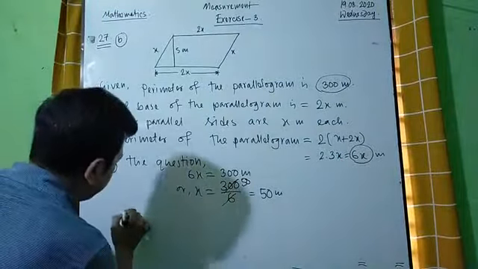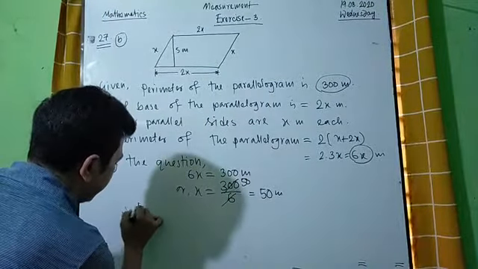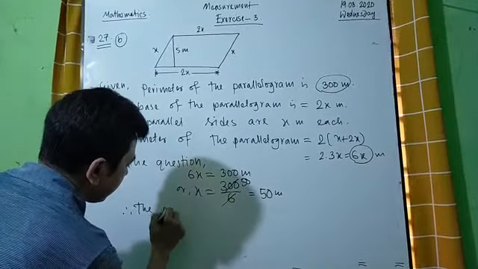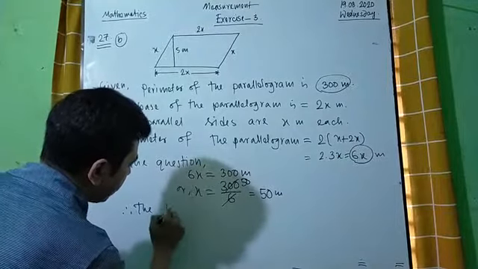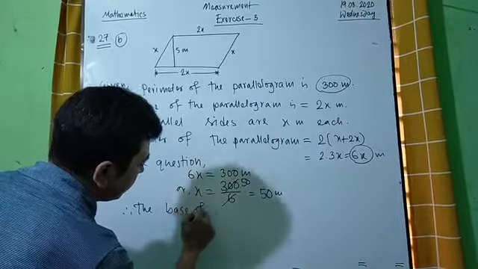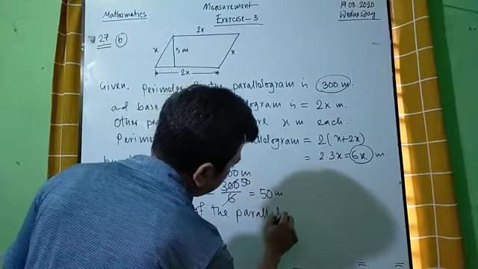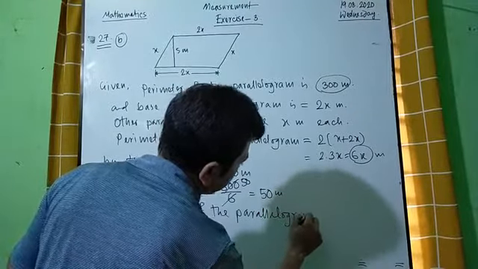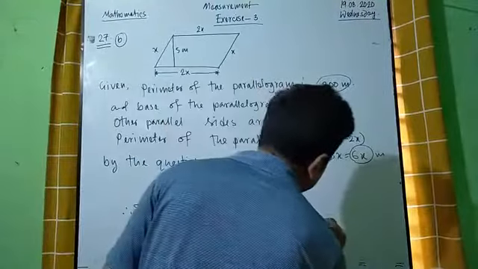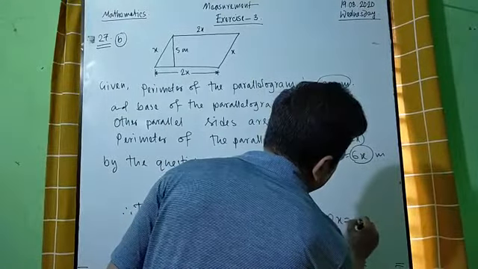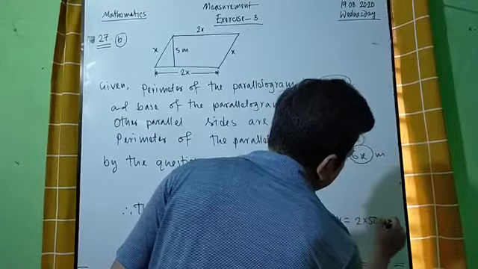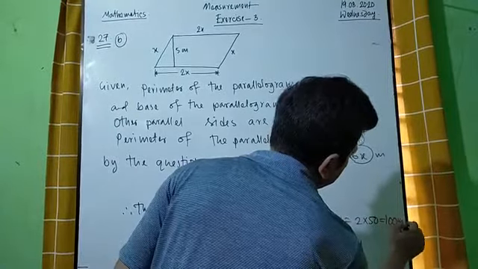Therefore the base of the parallelogram equals 2x equals 2 into 50 equals 100 meter.